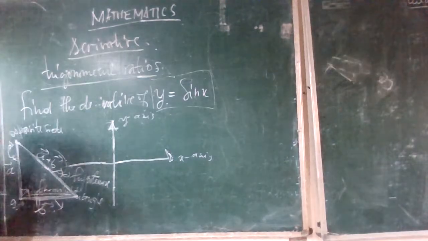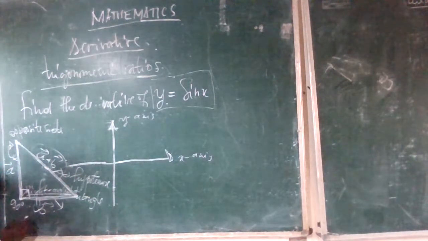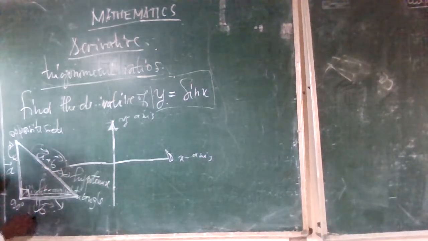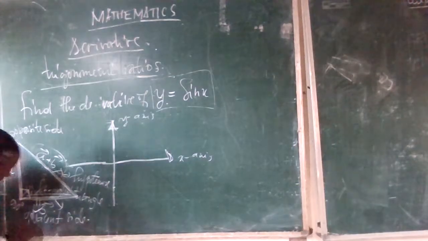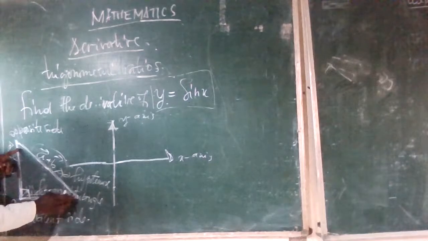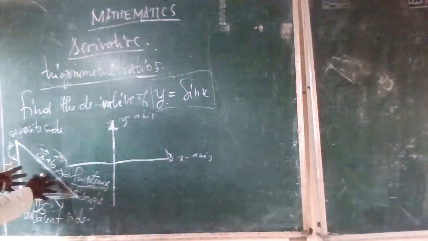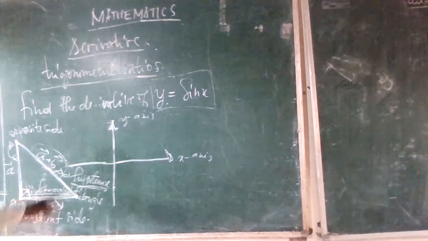But this one down, the horizontal one, is the adjacent side. The line that you have here is what we call the hypotenuse. So this is what we are going to see tomorrow.